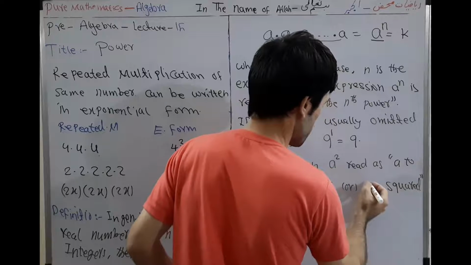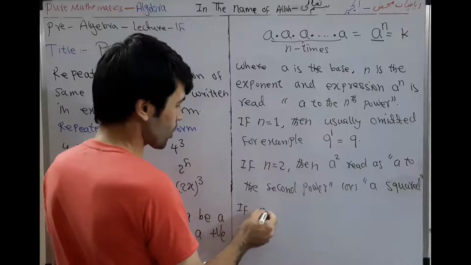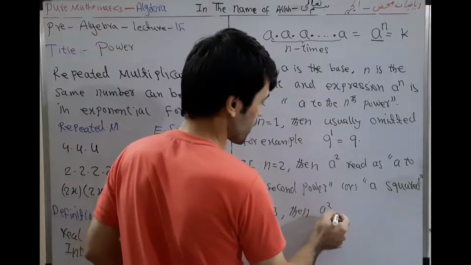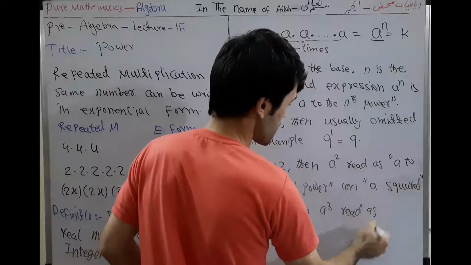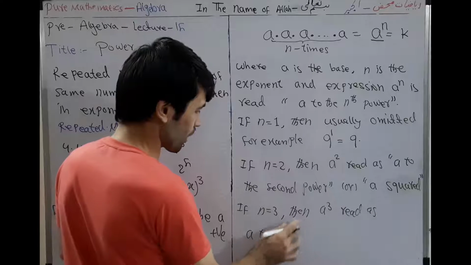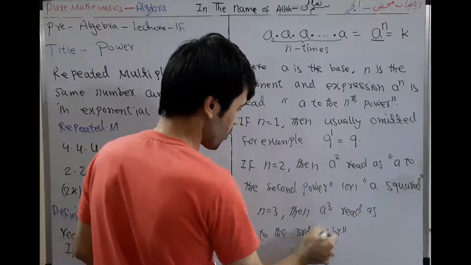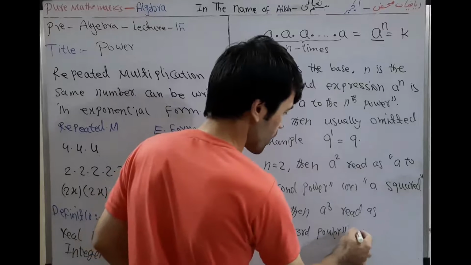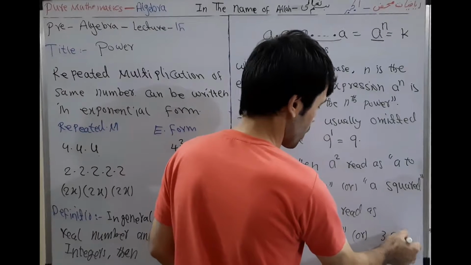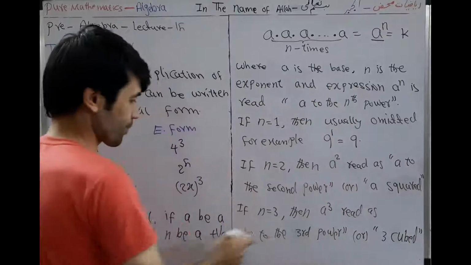If n is equal to 3, then a to the power 3 is read as a to the third power, or we can say a cubed.